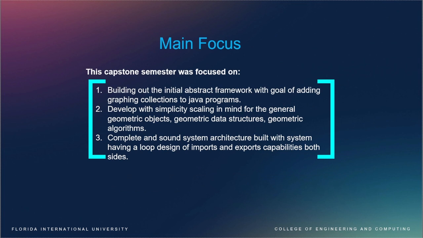So we had three main goals in this capstone semester: building out the initial abstract framework with the goal of adding more graphing collections. We also developed with simplicity scaling in mind, starting with the most simple geometric data structures, with more complex ones like Voronoi diagrams and triangulation diagrams to be included later by future teams.